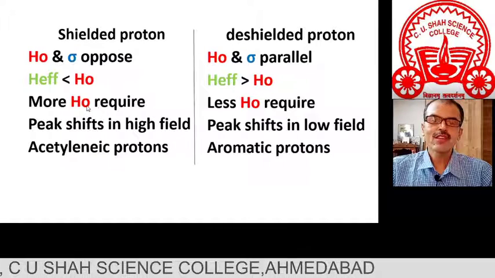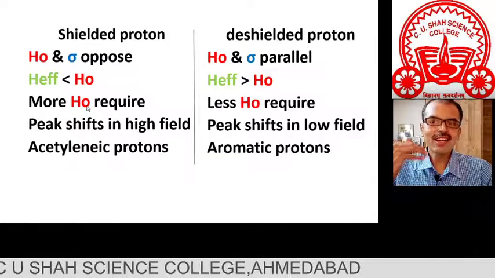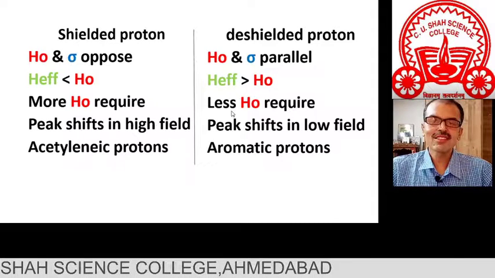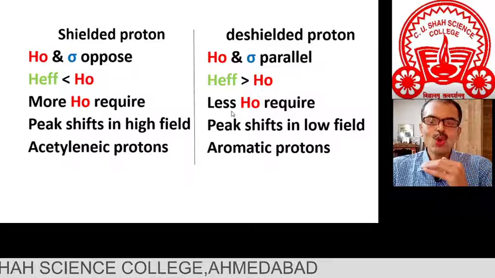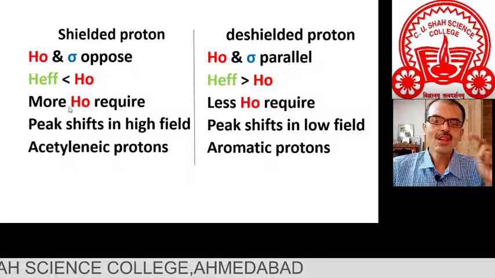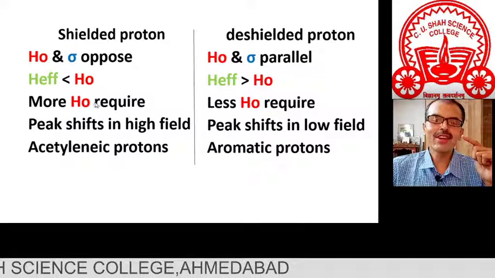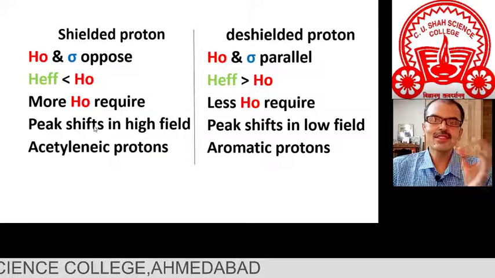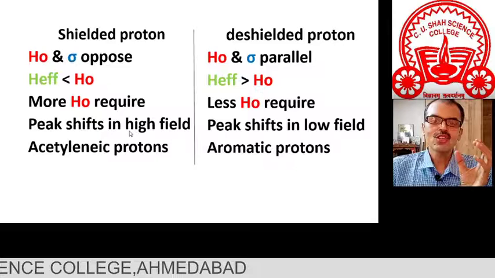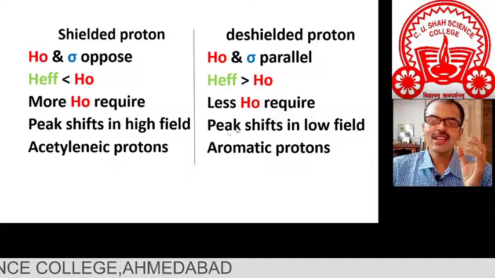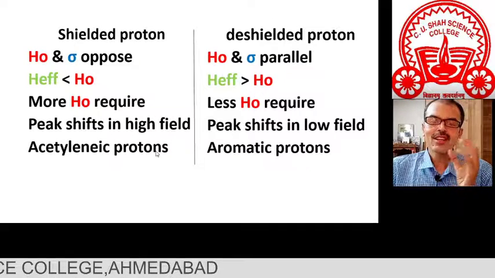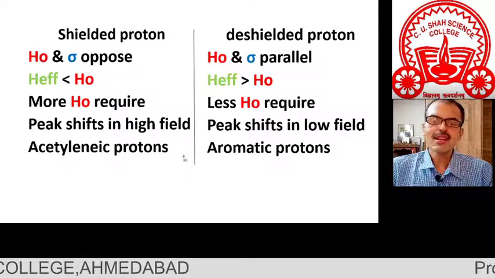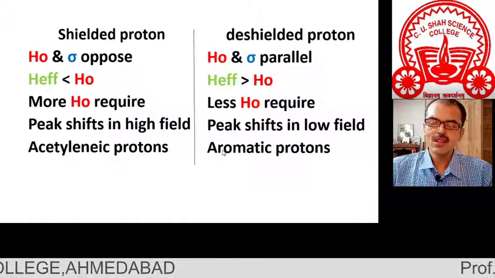So here, for resonance, a slightly greater applied field is required. In this case, a slightly lower one is required. So the peak or signal or absorbance shifts into the high field here. In this case it is a low field. Examples are acetylenic protons; there are many, but here we have seen acetylenic and aromatic protons.